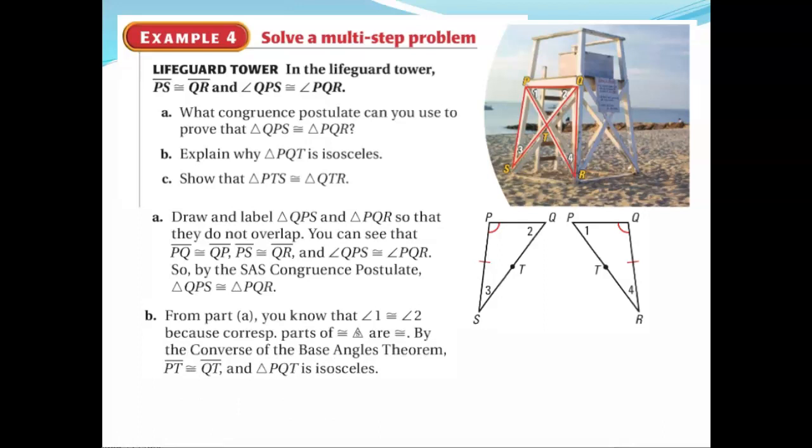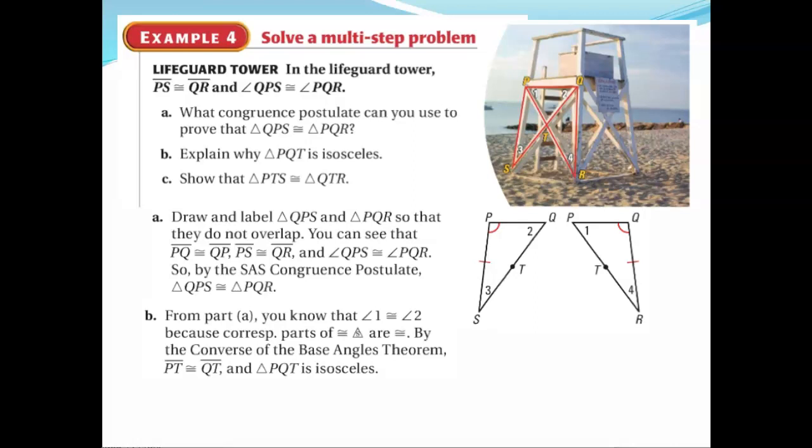All right, and the last part, show that triangle PTS is congruent to triangle QTR. Okay, for this, PTS and QTR, we know that angle 3 and angle 4 are congruent to each other. We know that angle PTS is congruent to angle QTR because they are vertical angles.